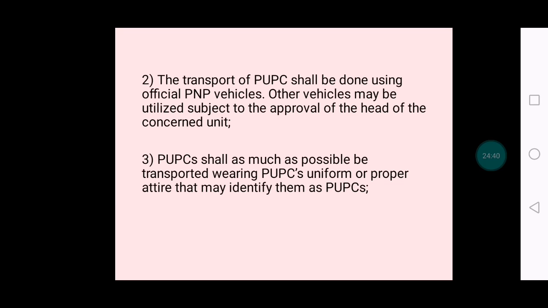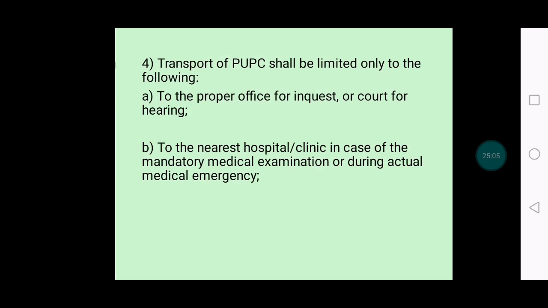Number 2, the transport of PUPC shall be done using official PNP vehicles. Other vehicles may be utilized subject to the approval of the head of the concerned unit. PUPCs shall, as much as possible, be transported wearing PUPC uniform or proper attire that may identify them as PUPCs.